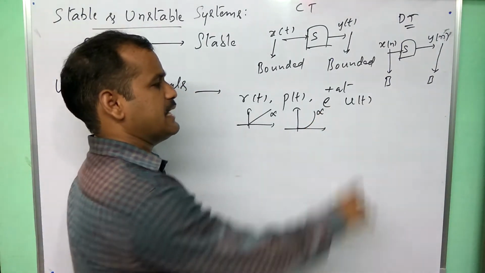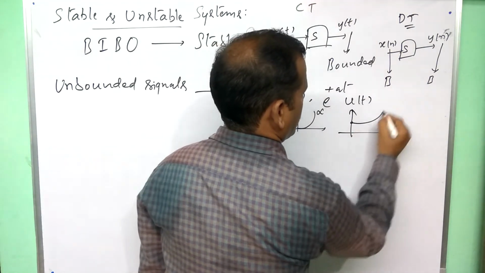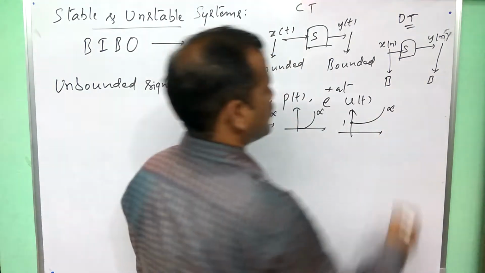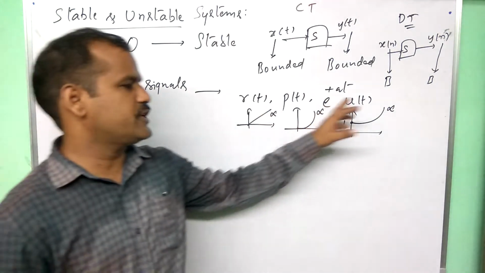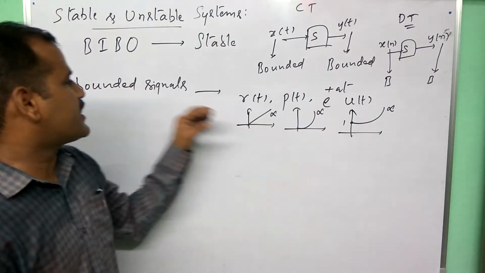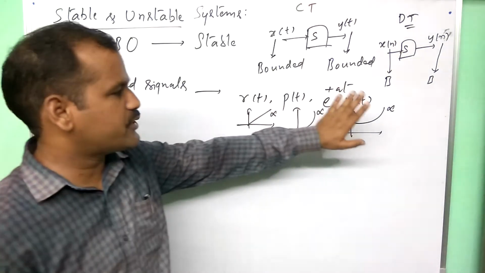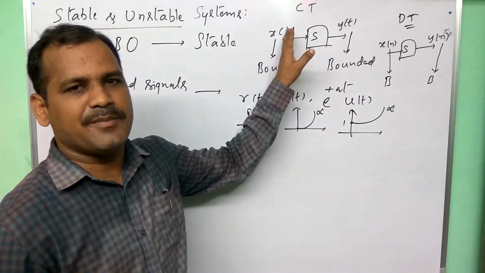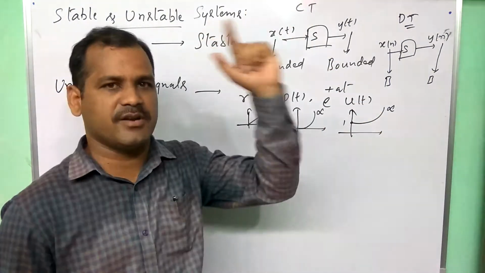And the exponentially rising function, its amplitude goes to infinity. So a signal whose amplitude goes to infinity somewhere, we consider as an unbounded signal. Those unbounded signals should not be considered for stability verification.